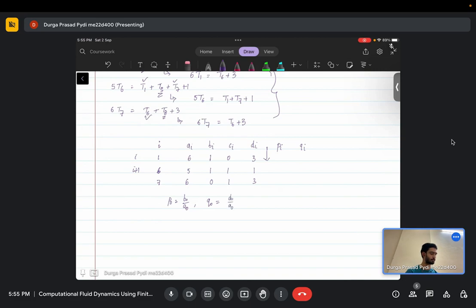So P0 is 1 over 6 and Q0 is 1 over 2. And P1 is written in terms of P0. So P1 will be B1 by A1 minus C1 into P0.